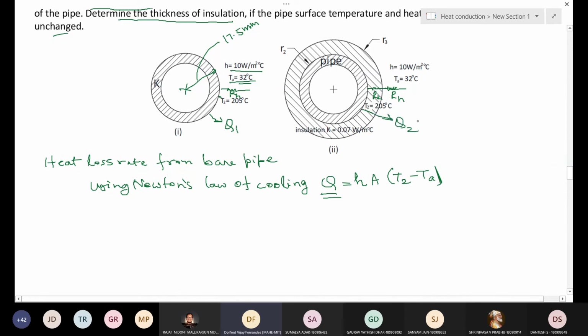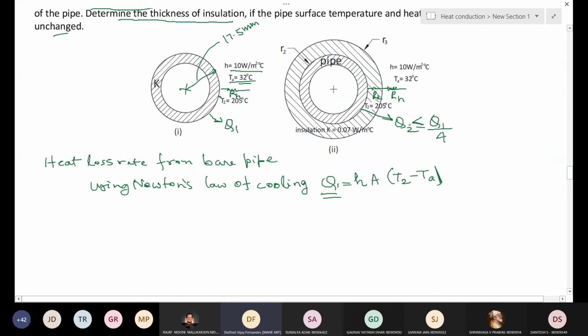Q2 should be less than or equal to Q1 divided by 4. So you can put the limiting condition that Q2 equals Q1 by 4. Q1 we can calculate very easily using Newton's law of cooling.